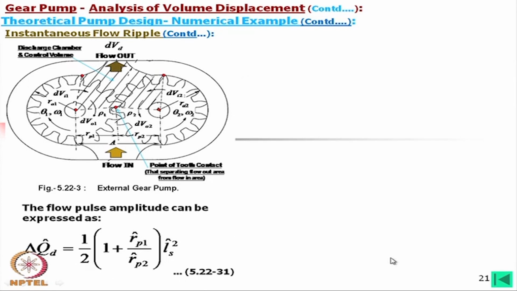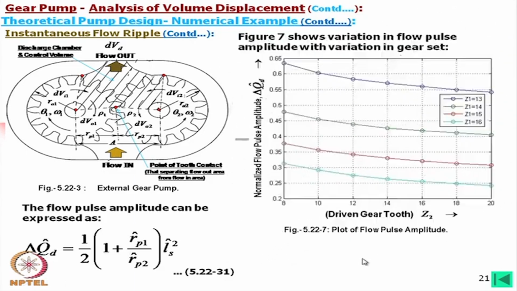Now, we should also consider the flow pulse amplitude, which is expressed by this equation, and then if we plot this value against the increase in the number of teeth of the driving gear here, and on this axis the amplitude, then we find for different teeth, Z1 is 16 here and Z1 is 13, and definitely the amplitude will be higher in the case of a small number of teeth.